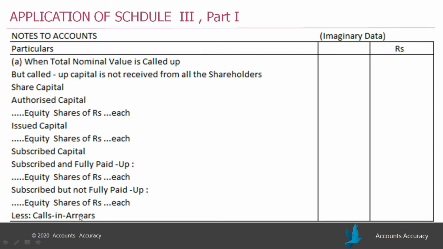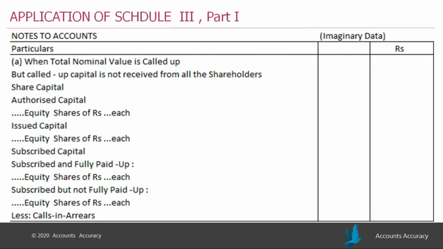Continuing this, you just assume that out of 1,50,000 equity shares, if any shareholder holding 5,000 has not paid his first call at the rate of rupees 10, it means rupees 10,000 is calls in arrear.